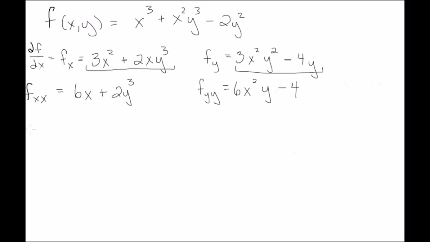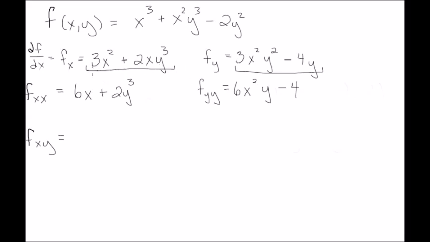Let's go ahead and take the cross partials, starting with the 2 different starting points. So if I write it fxy, it means first take the derivative with respect to x, then take it with respect to y. So I've already taken it with respect to x. I have this 3x squared plus 2xy cubed.